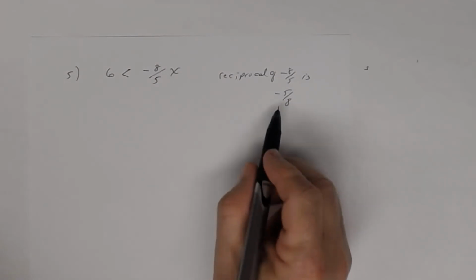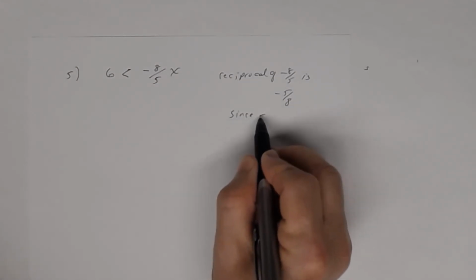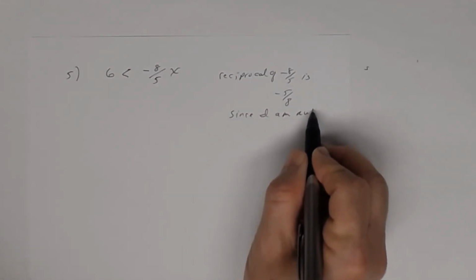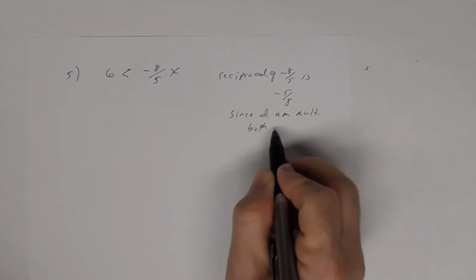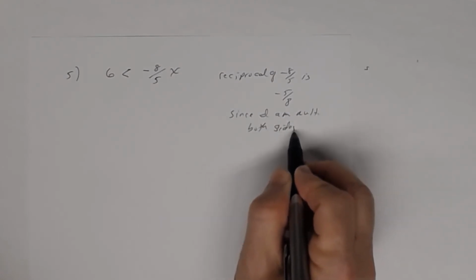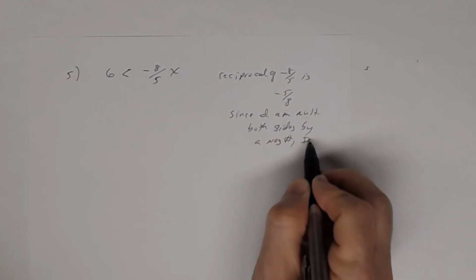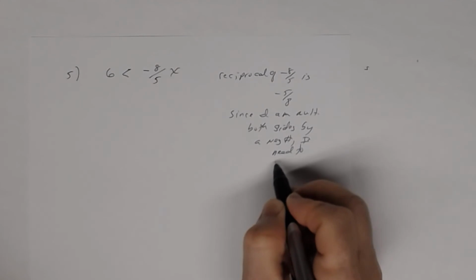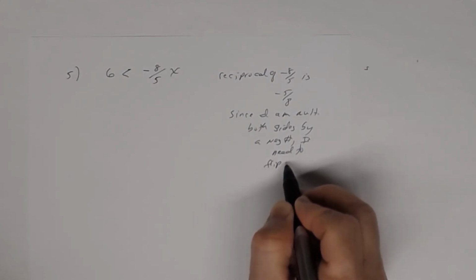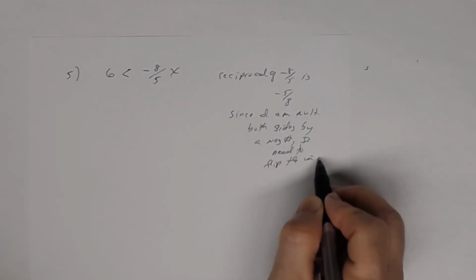But notice that's negative, right? So since I am multiplying both sides of this inequality by a negative number, I need to flip or reverse the inequality symbol.